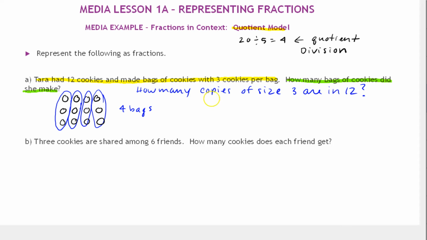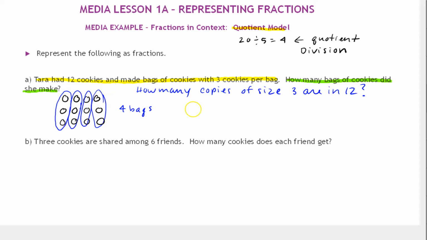So here we want how many copies, that would be how many bags of size 3, of 3 cookies per bag, are in 12. So we're taking the dividend, the first number, 12, and we're grouping it into groups or copies of size 3 and finding how many there are. So this is one type of division problem.